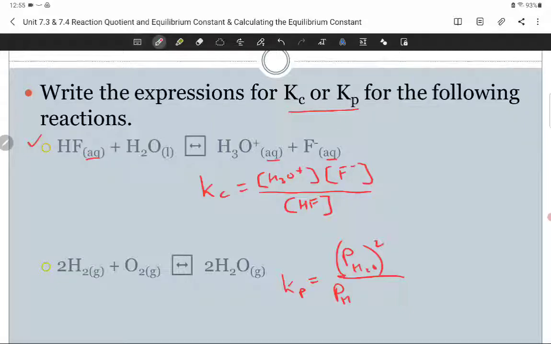Partial pressure of hydrogen gas raised to the power of 2 because there's a coefficient of 2. And then partial pressure of oxygen raised to the power of 1. So very nitpicky, but very important to write the brackets with Kc and the partial pressure capital P's with Kp.